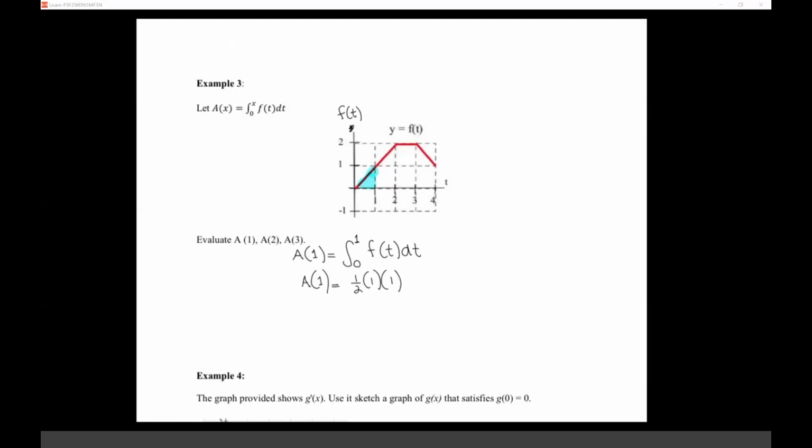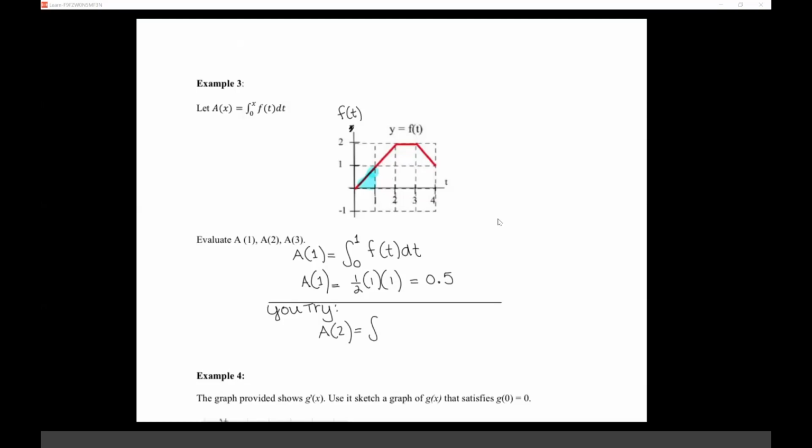I'm not doing calculus here, I'm doing geometry. Okay, everybody see that one? Okay, how about you try this one? You try, what's a of 2? That's going to be the integral, right? You could start with what we already have if you want and just evaluate from 1 to 2.